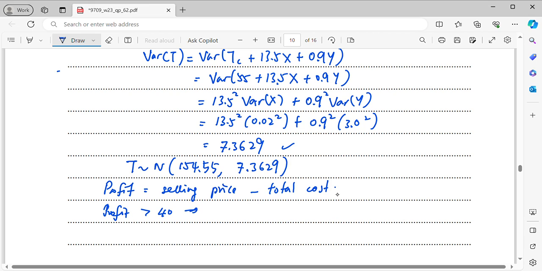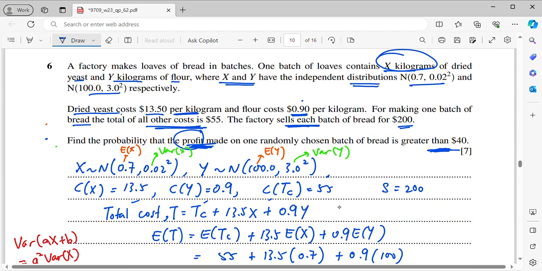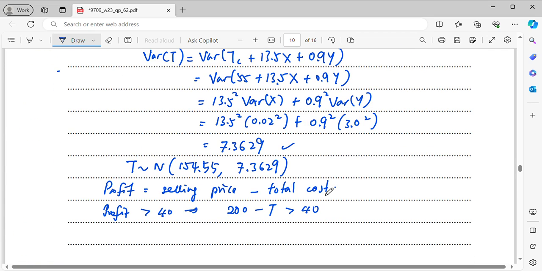That means selling price is $200 minus the total cost. Total cost we do not know, but it will be greater than $40, because it's given in the question. The profit is greater than $40. So we use this concept to get the equation of profit.